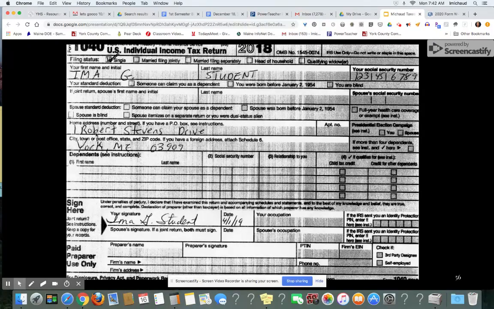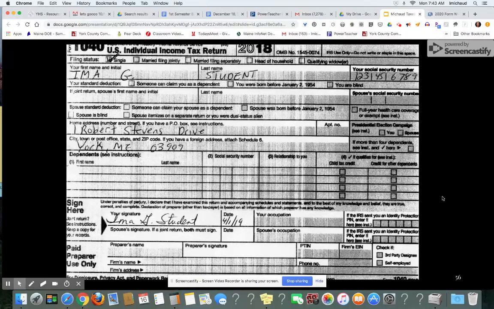And here is their address, 1 Robert Stevens Drive, York, Maine, 03909. We will be pretending that we're filling this out on April 1, 2019. So this is where you would sign Ima's name. Ima G. Student. And the date would be 4/1/19.